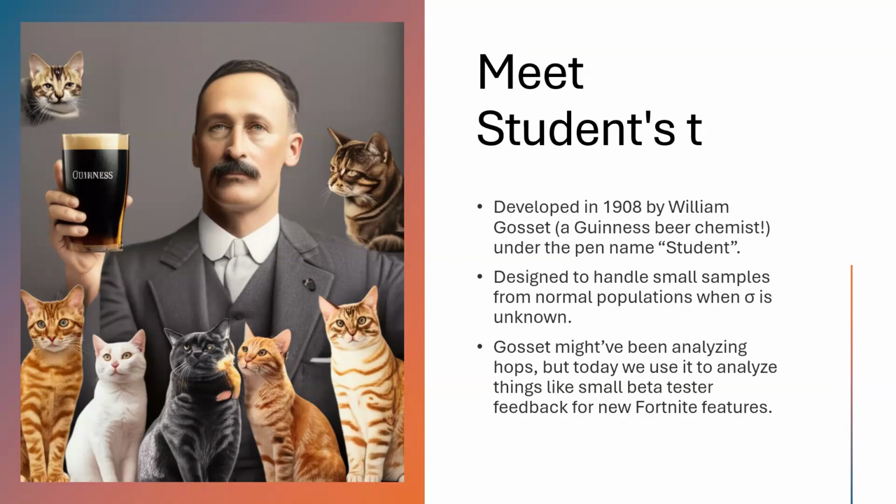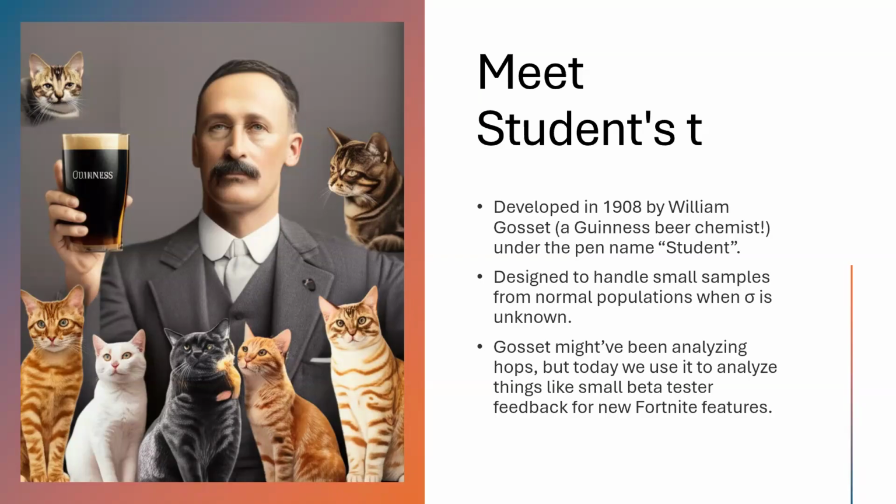Even though Gosset was testing hops and alcohol content, the t-distribution today is used across all fields where we're working with small samples and unknown population standard deviations, which is extremely common. Imagine you're a developer at Epic Games trying to evaluate whether a new Fortnite weapon rebalancing patch is increasing player satisfaction.